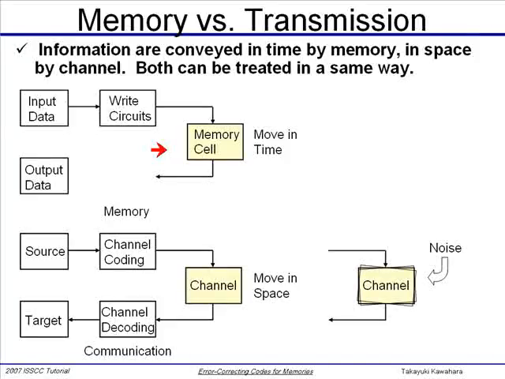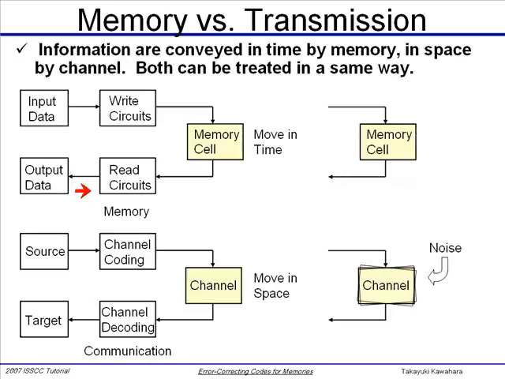After a while, we try to read it out. That is, of course, a read circuit, a sense amplifier. However, at this stage it's the same. The memory cell is very unstable, and the instability affects the memory cells. So the memory cell is affected.